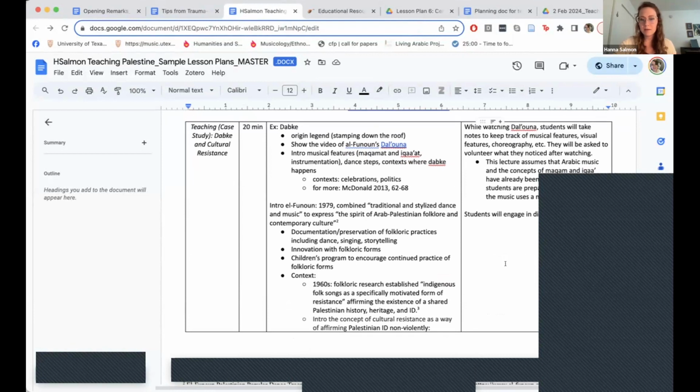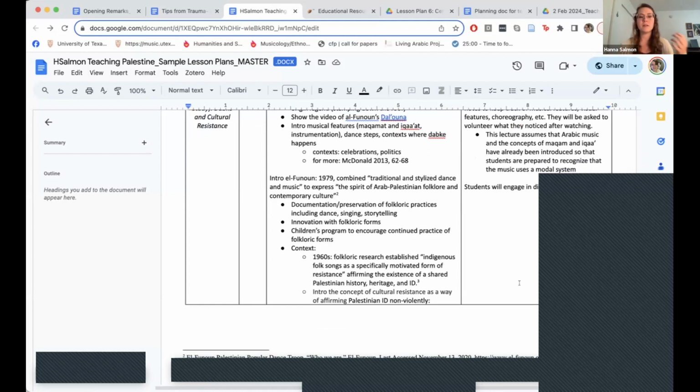Then talking about Debka is an opportunity to discuss the details of this cultural practice, the musical features, the dancing, the storytelling that's involved, the history of El Fanoun as both a Debka troupe and as a troupe that's attached to the Palestinian Art Center, which is very involved in documentation and preservation of folkloric practices, and El Fanoun's philosophy of combining the traditional and the innovation, tradition and creation, into their performances.